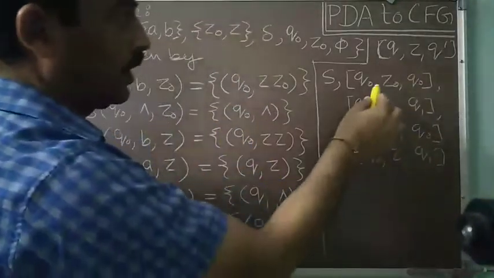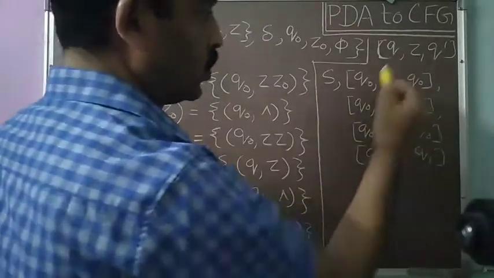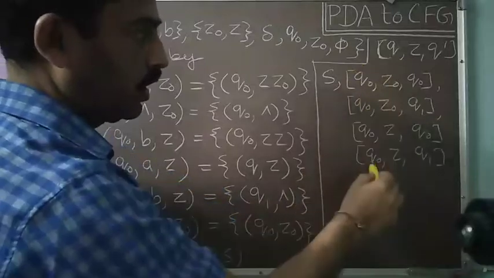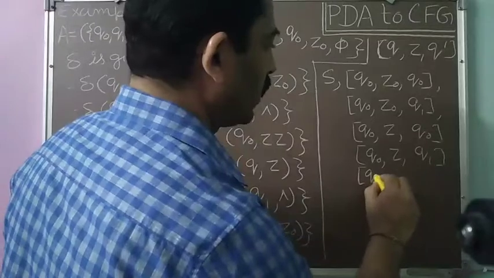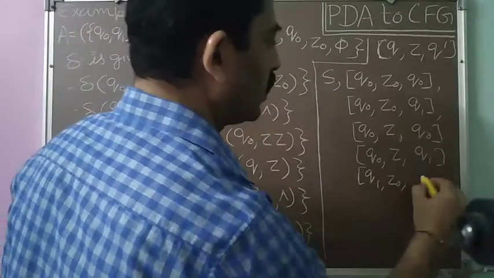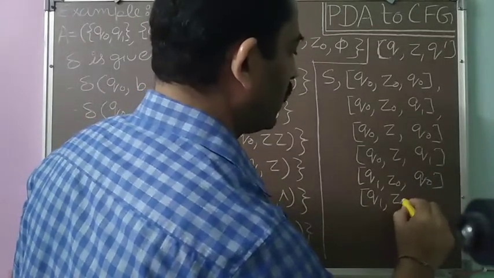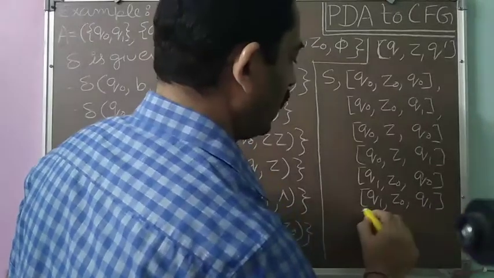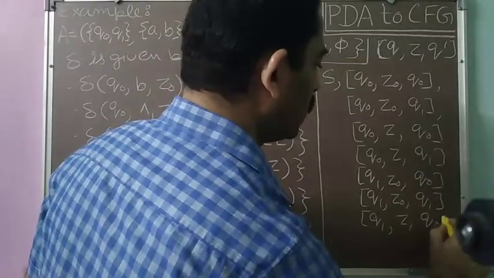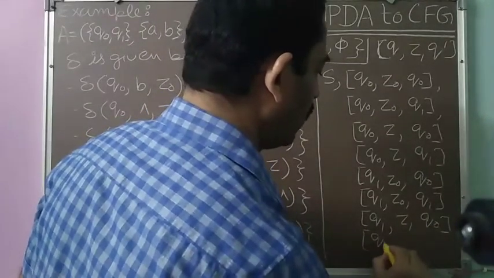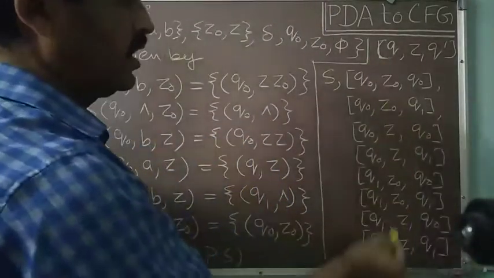So these four possibilities come from keeping the first fixed and changing the other two. Similarly, four more possibilities arise when I take Q1 first. These are Q1, Z0, Q0; Q1, Z0, Q1; Q1, Z, Q0; and Q1, Z, Q1. So these 8 variables will be there.